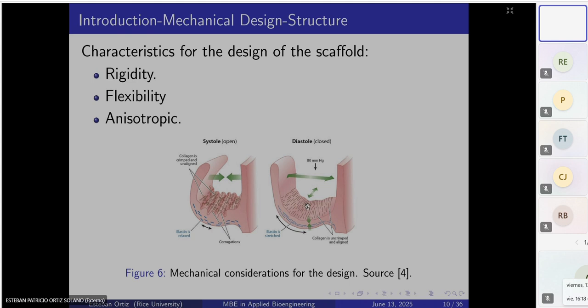You see some of the collagen in brown, the brown lines in the leaflet, and this provides the stiffness, the structure of the leaflet when the fluid is flowing through the aortic valve.